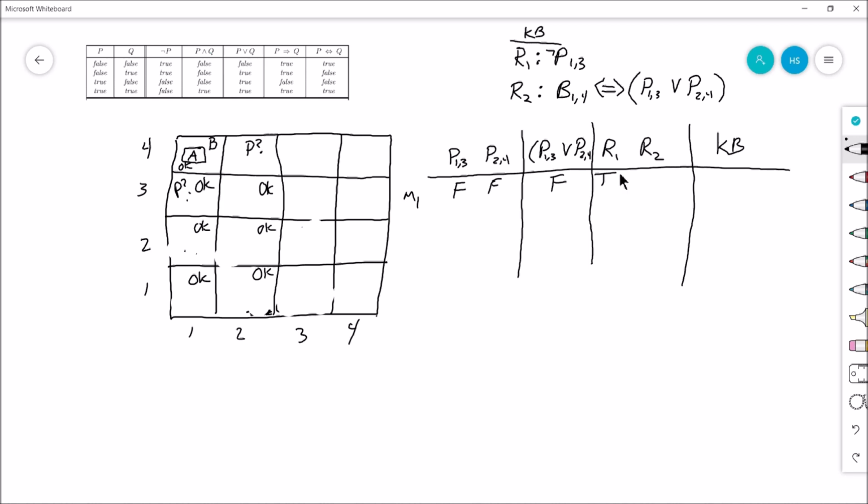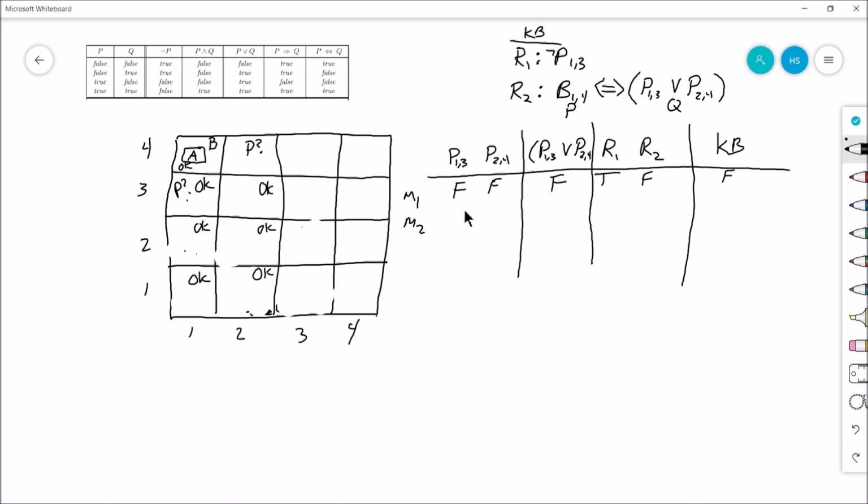Yes, because not false is true. Would R2 be satisfied? No, because true cannot imply false, right? So true for P, false for Q. Remember, this is the P part, this is the Q part. So that would be false. So this is not a valid world. That makes our knowledge base false.